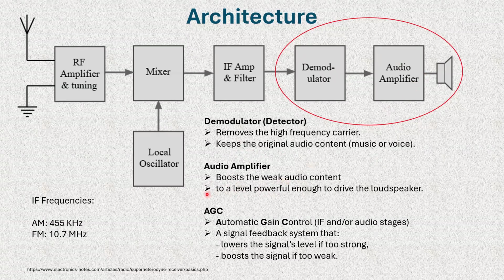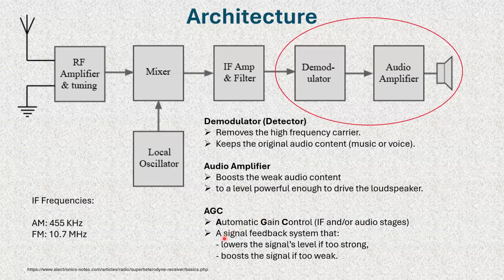Okay. Then I just want you to know the concept of the AGC, automatic gain control. It can be used at different stages. It could be used at the IF stage or in the audio stages as well.